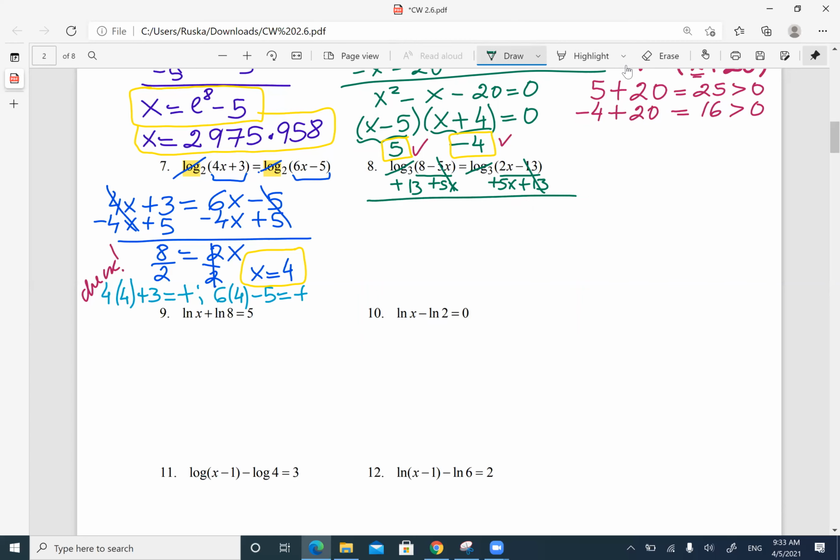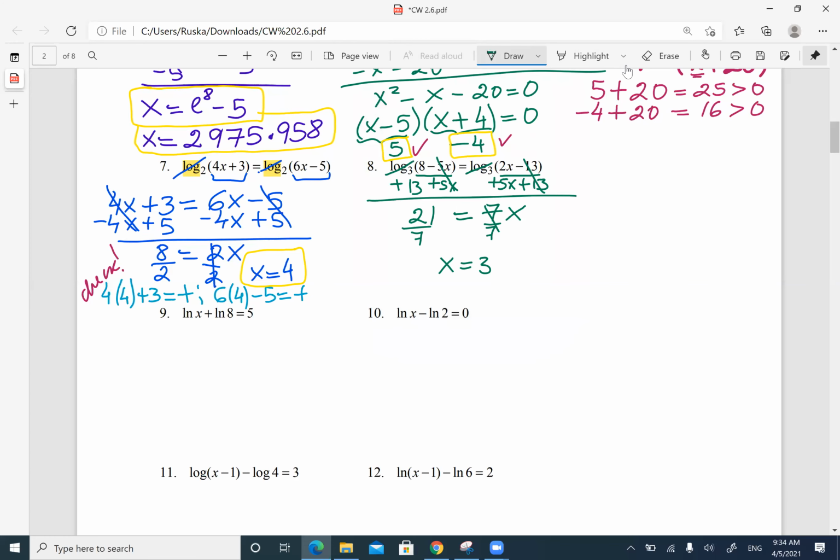What do we have? We have 13 plus 8, 21, right? 7x divided by 7. So we get x equals 3.